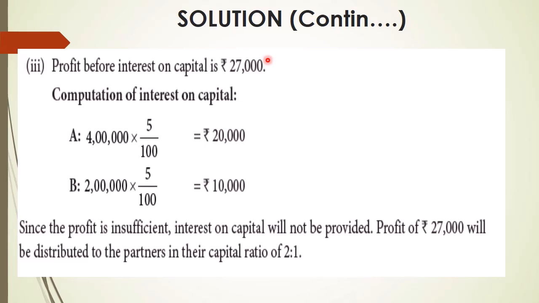So what we will do is, we will not provide interest on capital. Instead, the profit, that is the 27,000, will be distributed to the partners in the capital ratio, that is 2:1. This is the main thing which you have to keep in mind.